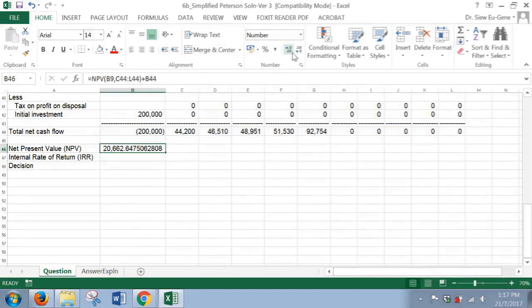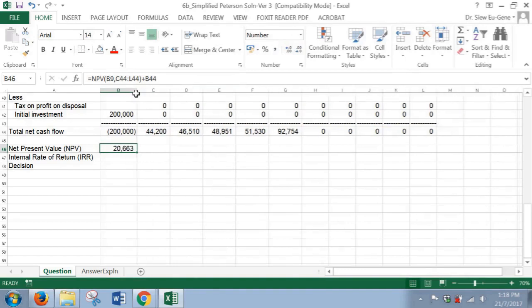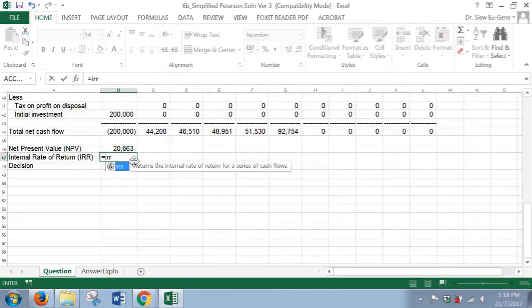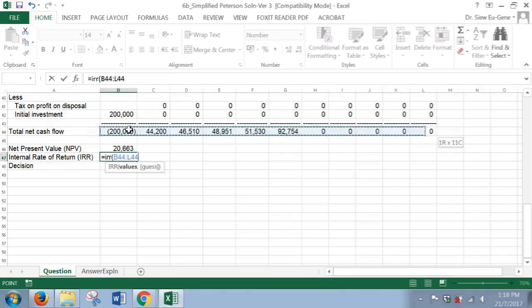I'm going to decrease the decimal. It's just too big for me. All right, I'll just ignore the decimal. IRR is similar. All right, IRR, internal rate of return. It's just basically B44 until L44.